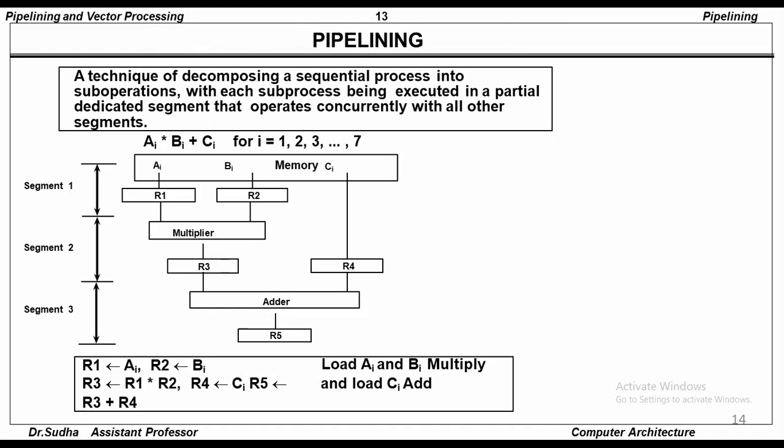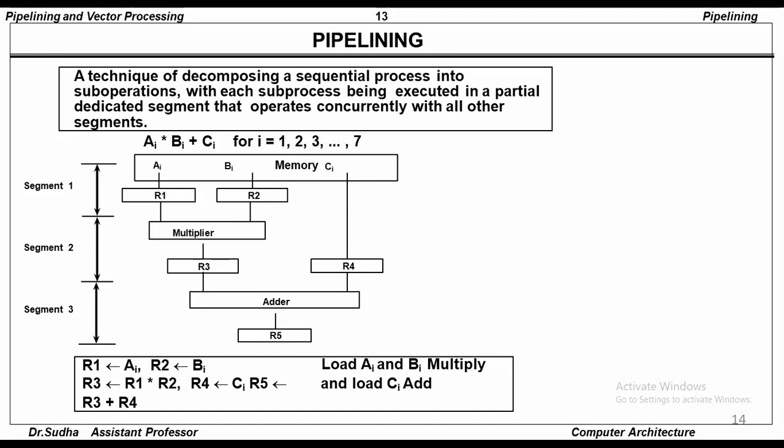In the pipeline technique, we have to perform the following tasks: A, B, C for i equal to 1, 2, 3. A, B, C are in memory; R1, R2 are registers; R3, R4 are also registers. We conclude the final output in R5.